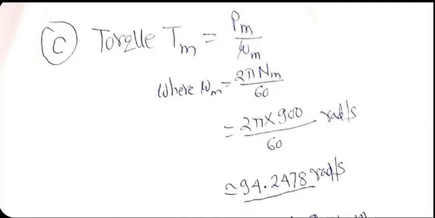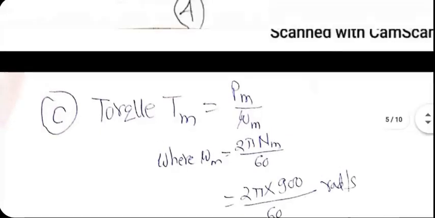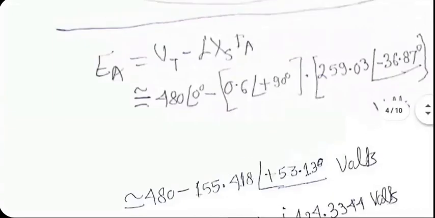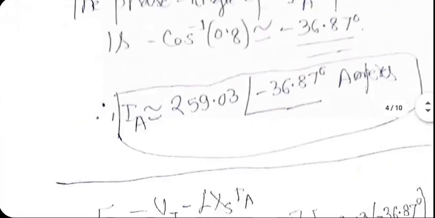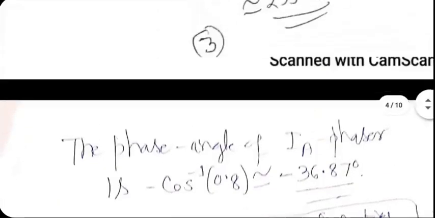I could have called it output power PO and output torque TO. That is also okay. Nothing wrong. So omega m turns out to be 94.2478 radian per second approximately. And output power we have already seen is 400 horsepower multiplied by 746 watts, right?